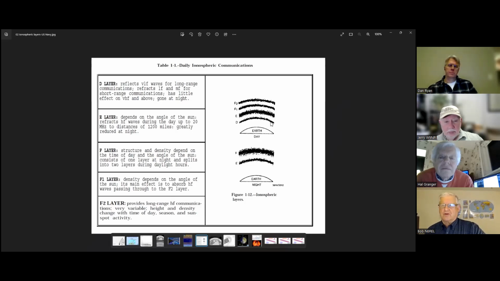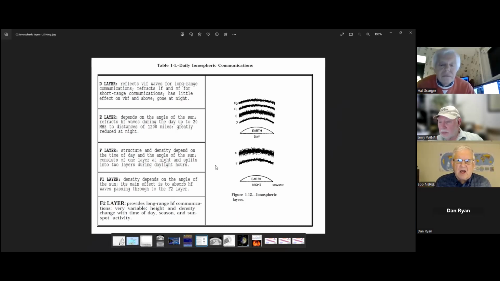There's the D layer, which is closest to the Earth. There's the E layer. And then there's the F layer. The F layer during the day is broken down into F1 and F2. They're at a little different heights. The D layer can reflect some radio waves. It can also absorb some. So the long distance communication really comes off of the F layers, the F1 and F2 layers.